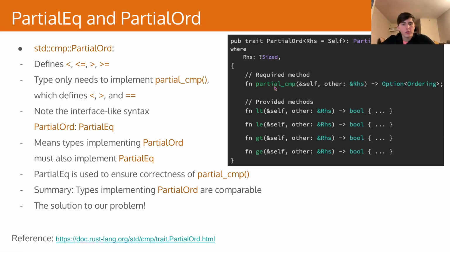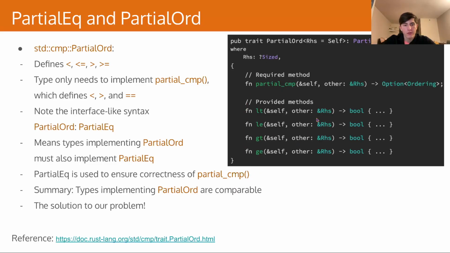Since it already uses partial comparison, these methods already have provided implementations. So you just need to define partial_cmp. You just need to define its ability to define these. Once it understands these, it can build these from it. And PartialEq is used to verify that you've defined this correctly.